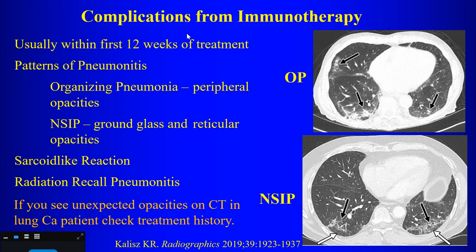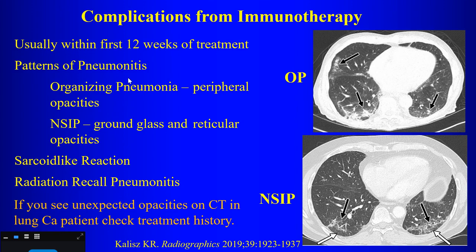We need to talk about complications of immunotherapy, right? Nowadays there are all these fancy immunotherapies that they offer these patients, and many times the abnormalities we see on follow-up CTs may not necessarily be progression of tumor, but might represent complications of immunotherapy. These tend to occur within the first 12 weeks of treatment.